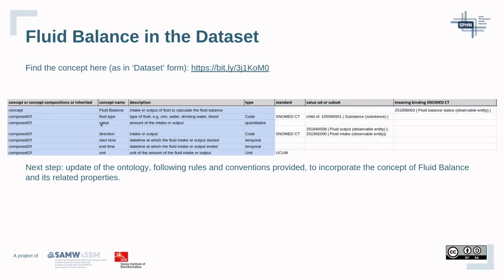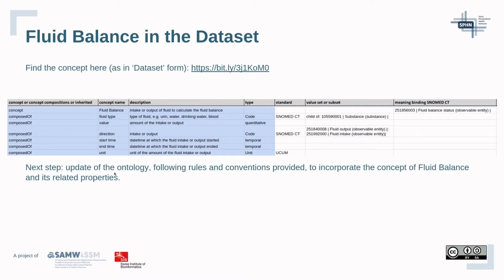You also have a value information, which is a quantitative type of information. There's also a direction, which states that it's either an intake or an output. There's also a start and end time of this recording of the fluid balance. And there is a unit.